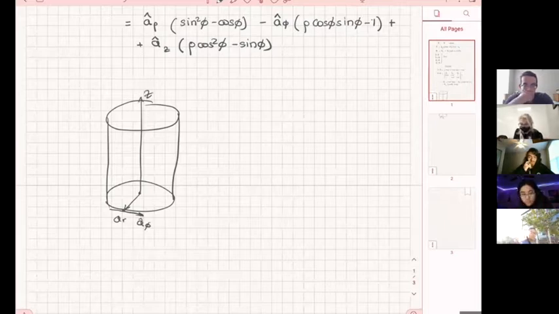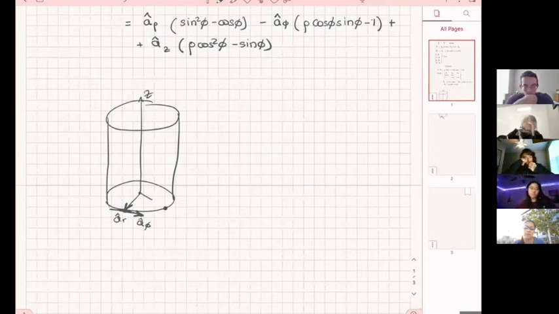Every point has a different A sub rho and a different A sub phi. If I am here, this is my A sub rho, this is my A sub phi. This is the tangential. If I'm here, this is my A sub rho, here, this is my A sub phi.